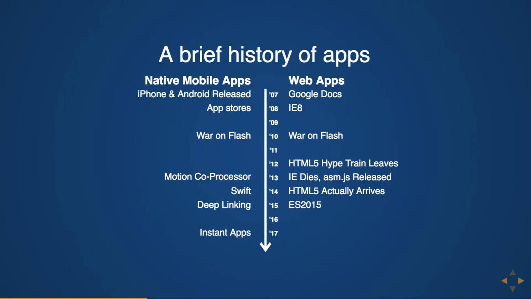Next year, ES 2015 comes out, also known as ES6, if you like being wrong about things. So the ES 2015, it added some kind of neat features and some cool new syntax, but the really neat thing about ES 2015 is this is the start of JavaScript as a rolling release language. So we had an ES3 and we had an ES5.